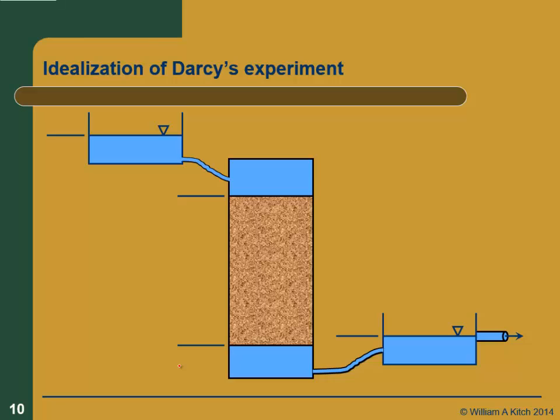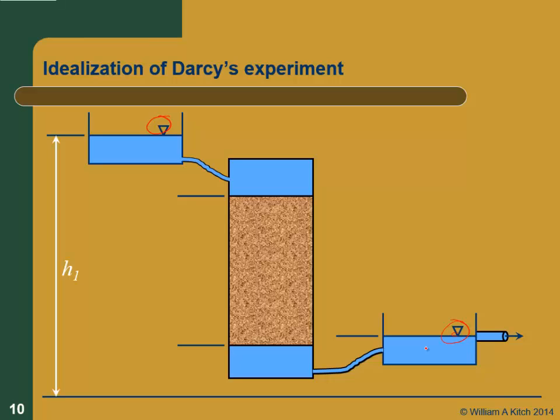So if we idealize his experiment in this fashion, this is what it looks like. It's what we call a constant head test. In other words, the total head here at the top and the total head at the bottom are fixed at all times.